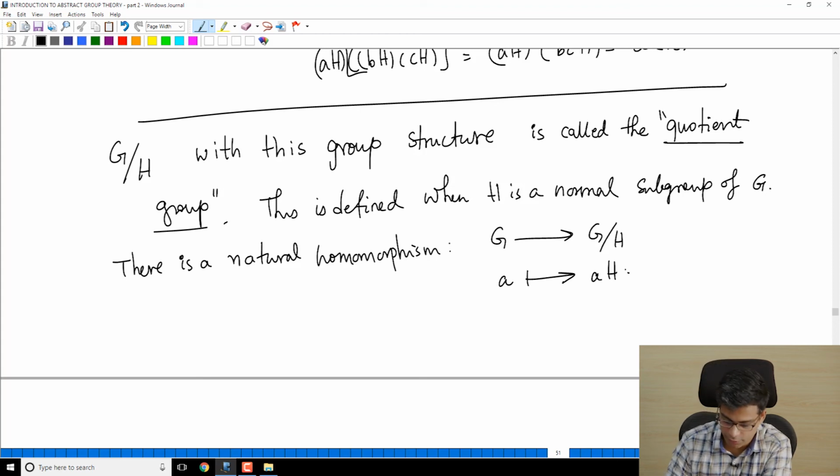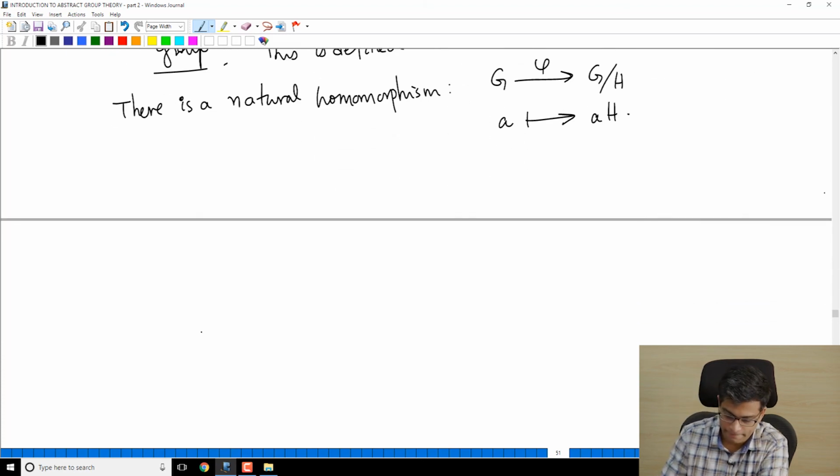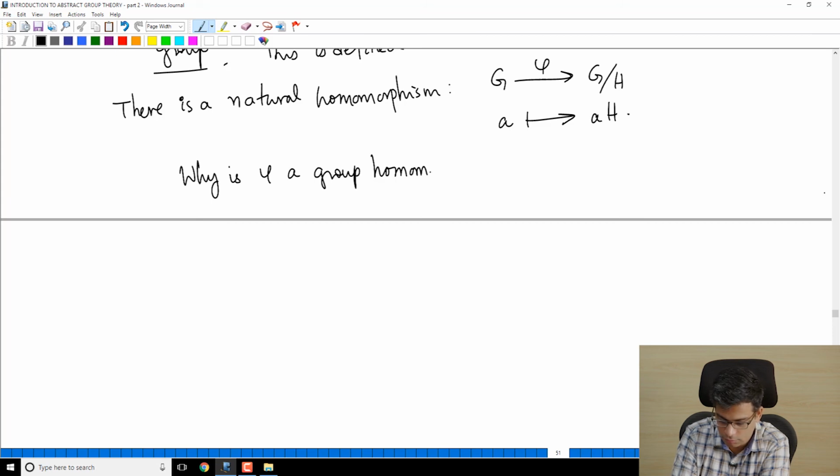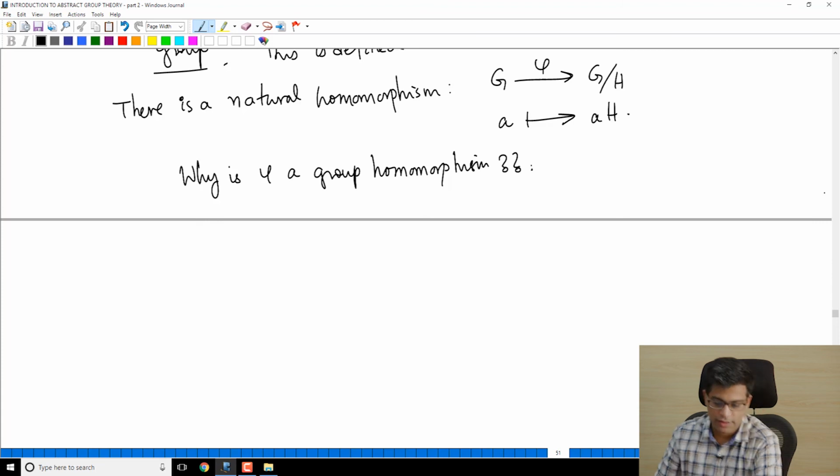This is the set map, A going to AH, because G mod H, remember, is the set of left cosets. A is an element, AH is a left coset. Why is phi a group homomorphism?